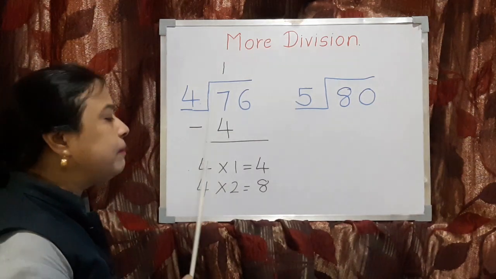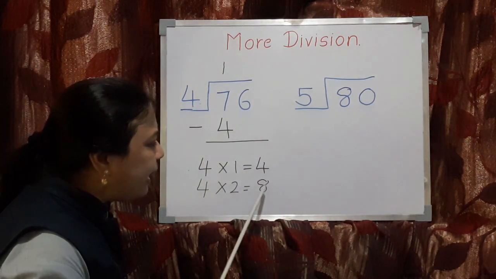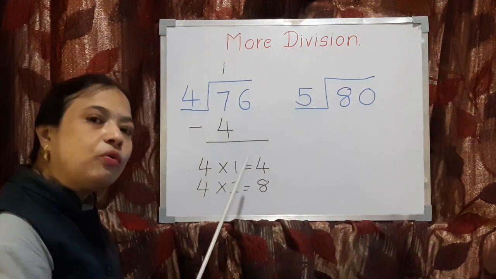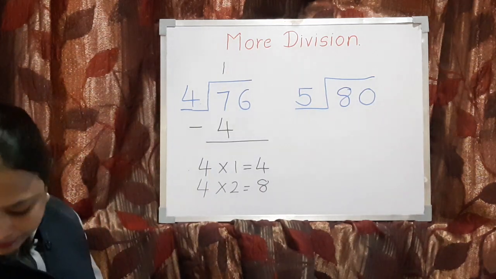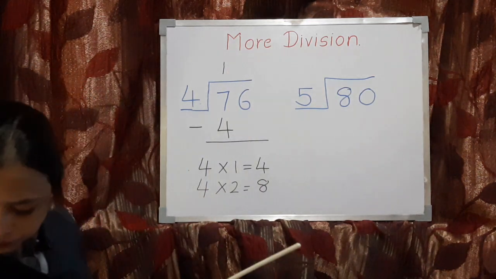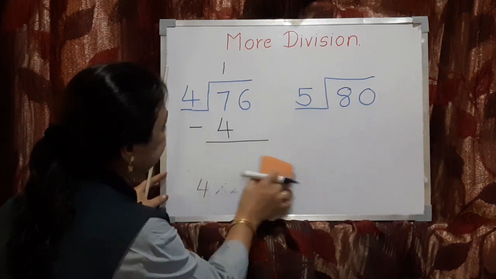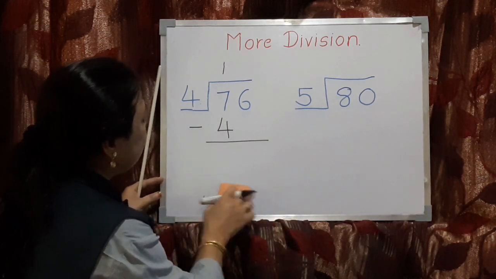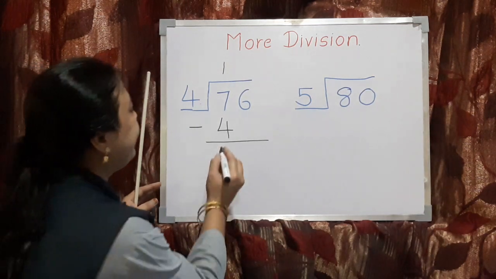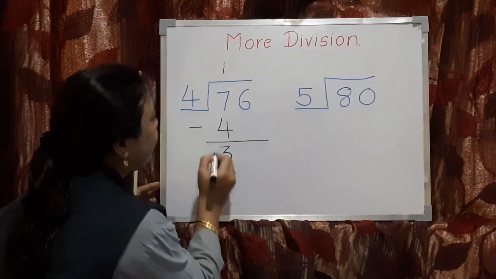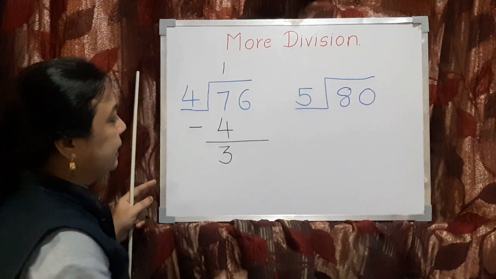Whatever the number comes, अगर यहाँ पे big number है तो वो नहीं लेंगे, उसके ऊपर जो भी है वो हमको लेना है. Now see, 7 minus 4 is, when you subtract, what answer will you get? 3. 7 minus 4 is 3.